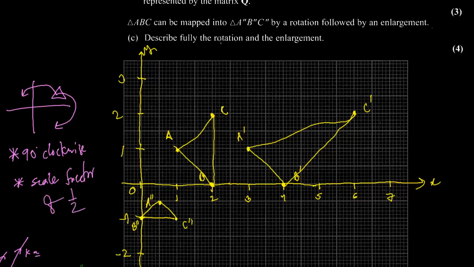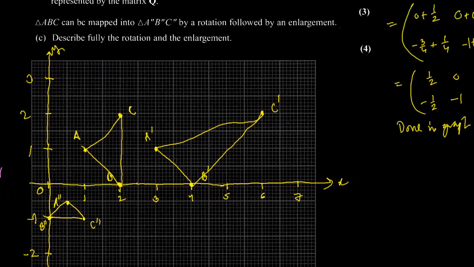So when we have to mention the rotation followed by enlargement, the rotation would be 90-degree clockwise and the enlargement would have a scale factor of half. So let's write this down.